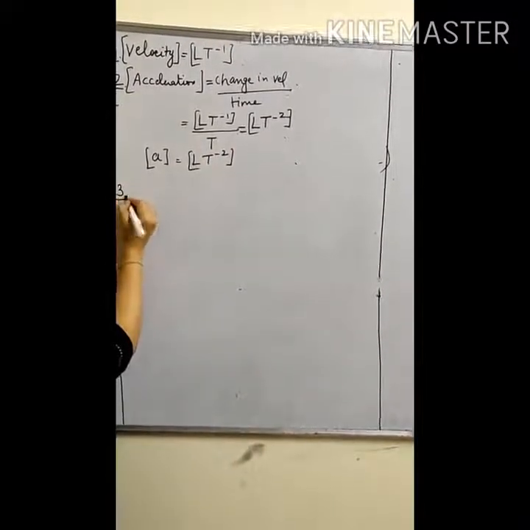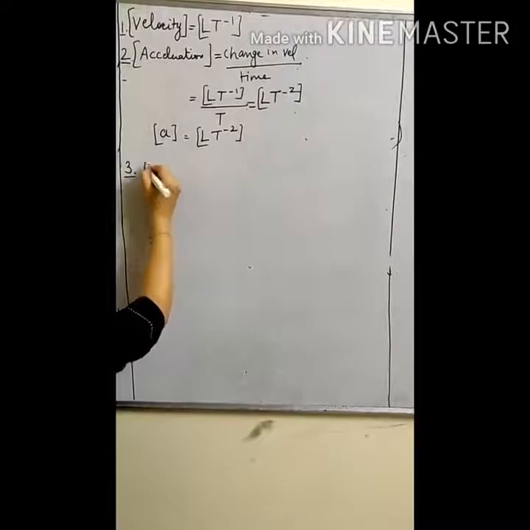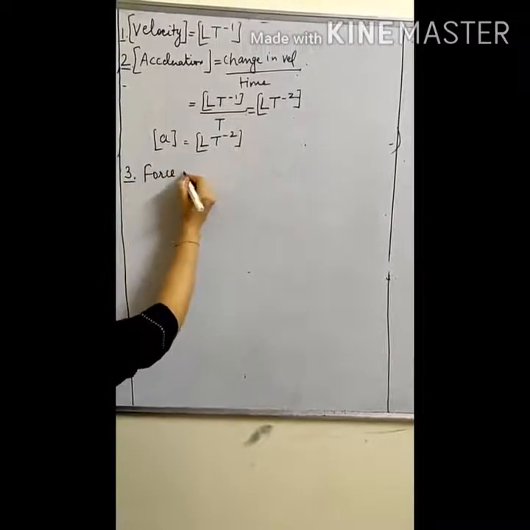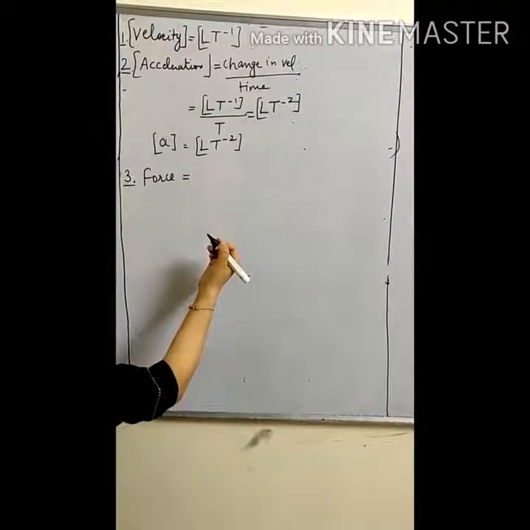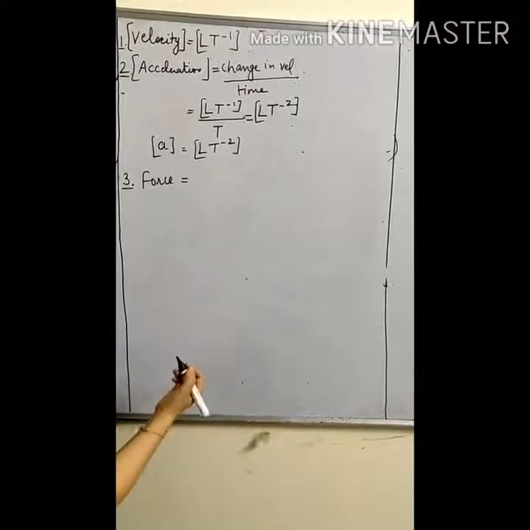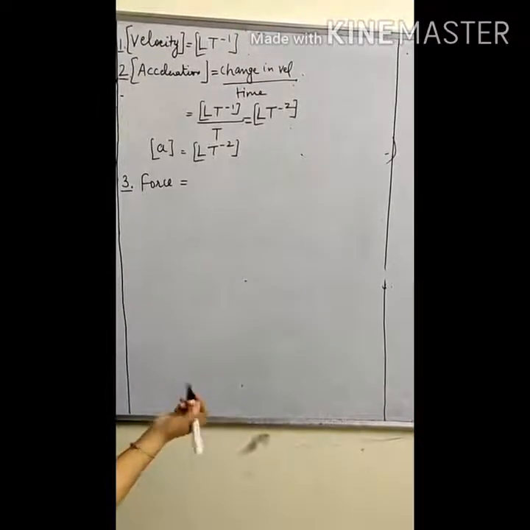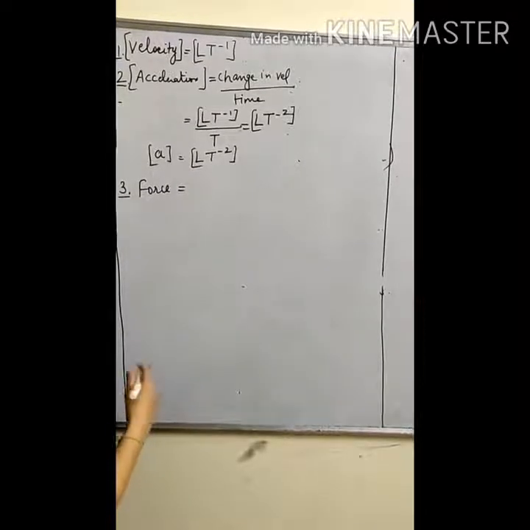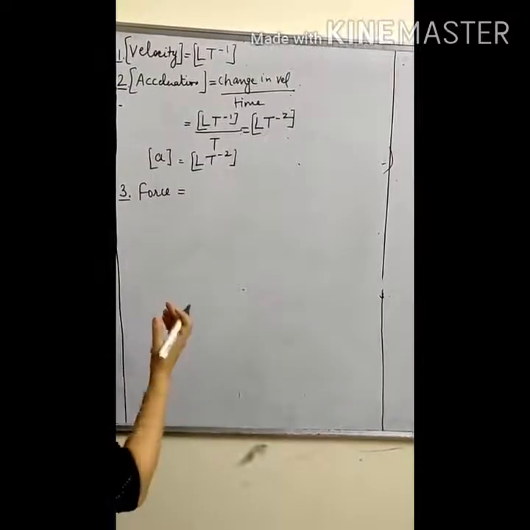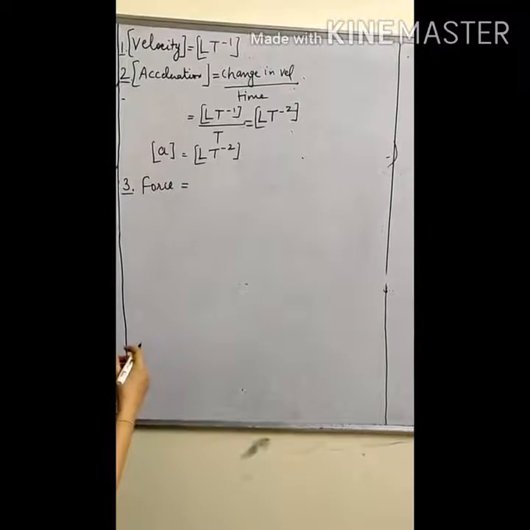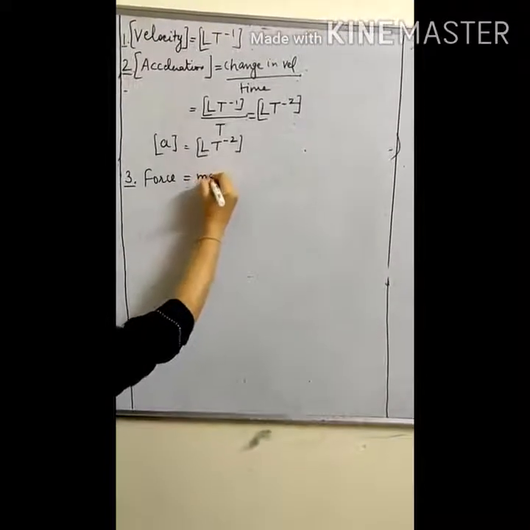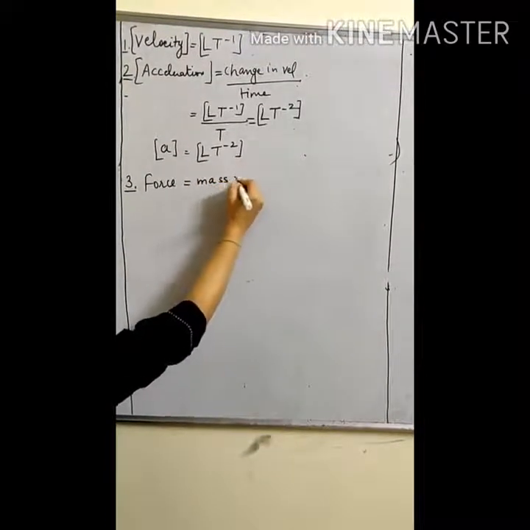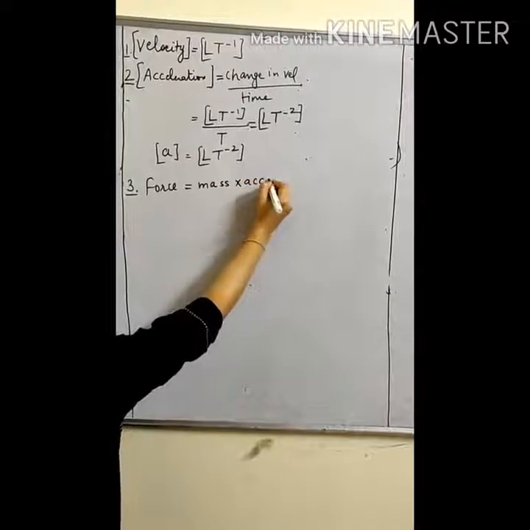Coming to a third quantity, say force. First of all, you need to write down the formula for force, because it is not necessary that you learn all these dimensions. You can derive them whenever you want, provided you know a formula for the physical quantity. The formula for force is mass into acceleration.